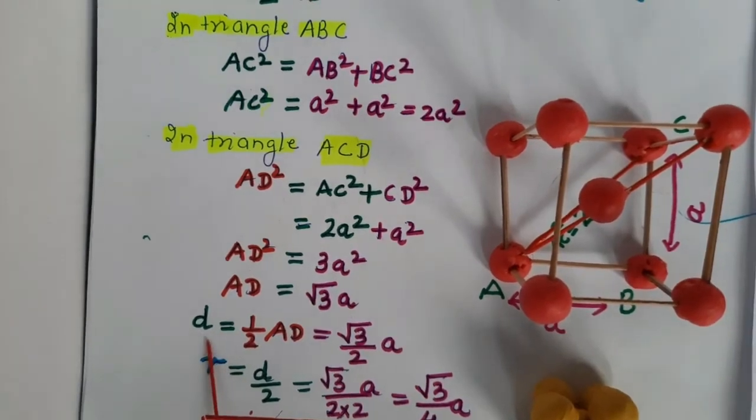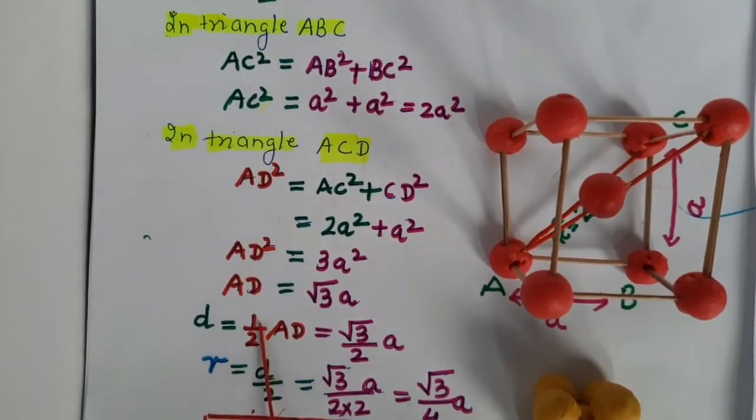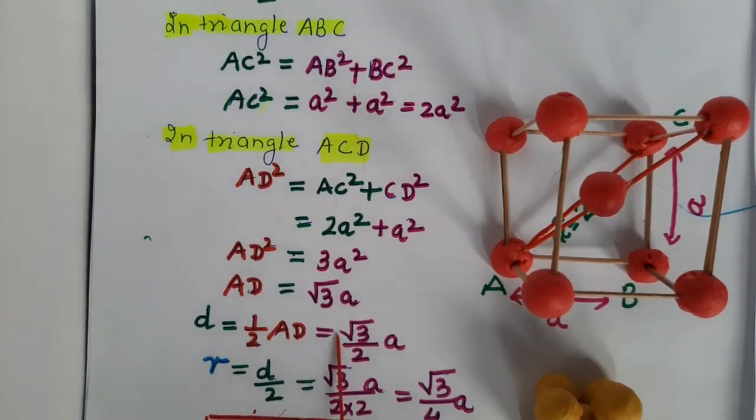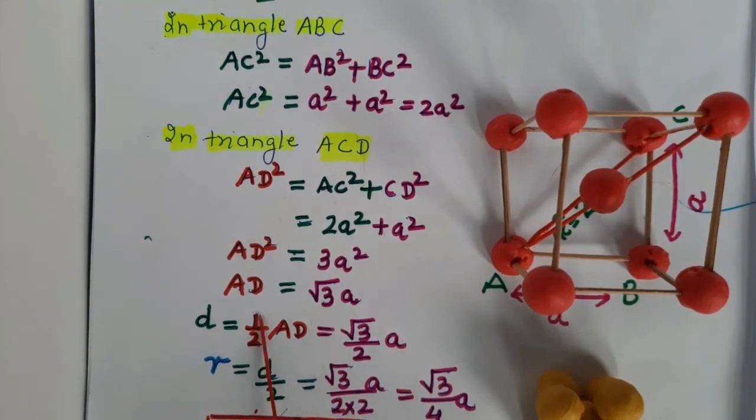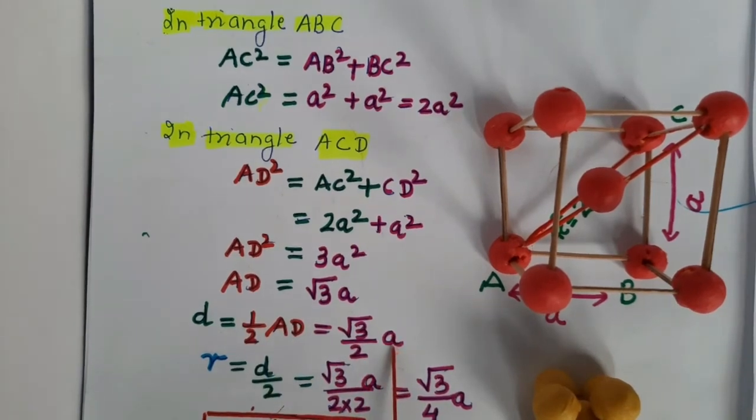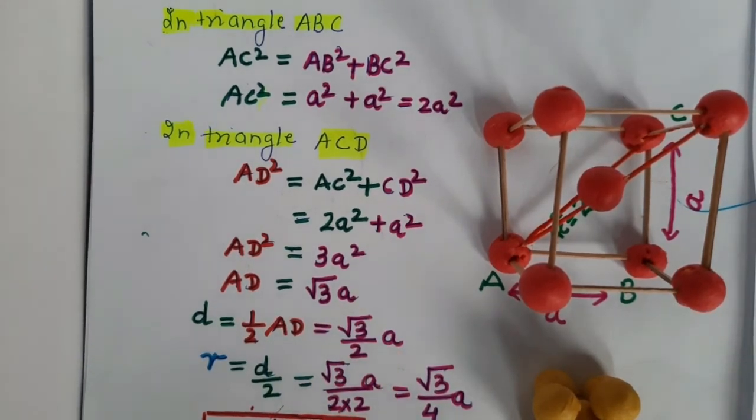Now, the distance between the nearest neighbor will be equal to half of the distance AD. Substituting the value of AD, we get the distance between the nearest neighbor will be equal to root 3 by 2 a. The value of AD is root 3 a, divided by 2 will give root 3 a divided by 2.